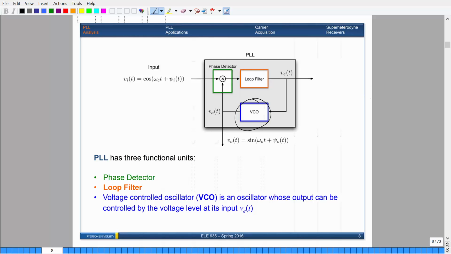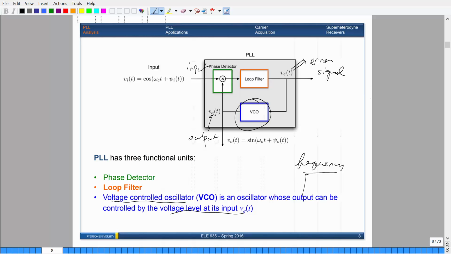Okay, so that's why it's called a voltage-controlled oscillator, because the output frequency can be controlled by the voltage level, which is called V sub E. This V sub E, you can think of as an error signal. Okay, this is the output, which I'll talk about soon, and this is the input that's coming in. So the frequency of this oscillator, you can think of an oscillator oscillating at some free running frequency.